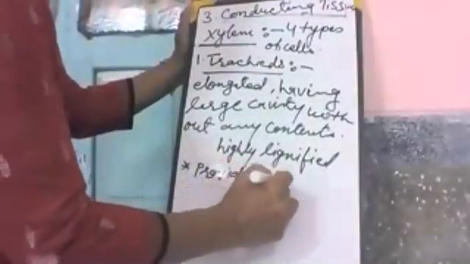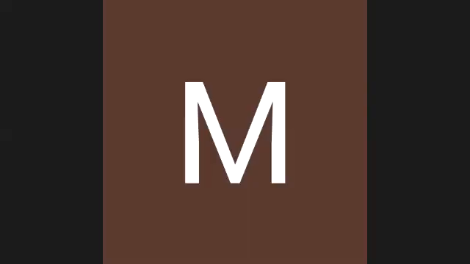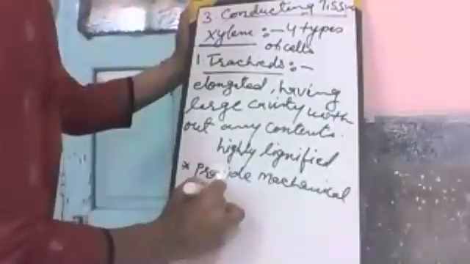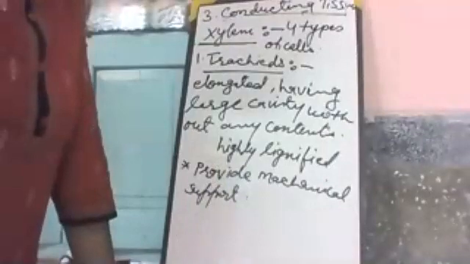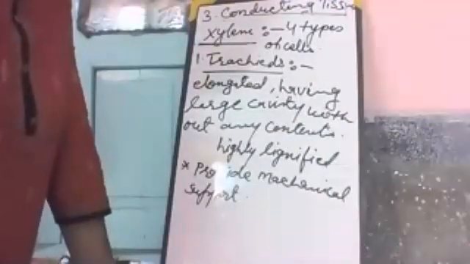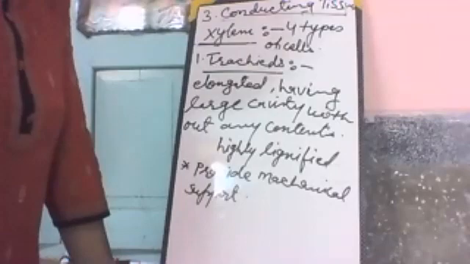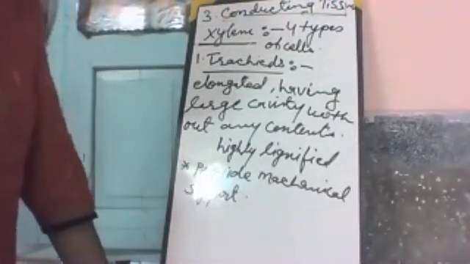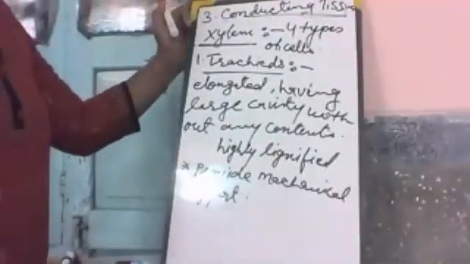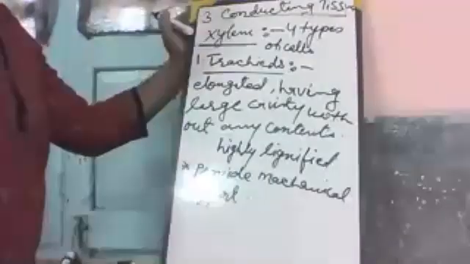This is all about the tracheids. Tracheids are elongated, having a large cavity without any content, and the cell wall is highly lignified, and the function of tracheids is to provide mechanical support to the plant. And the next is xylem vessels. The second part of xylem cells is xylem vessels.